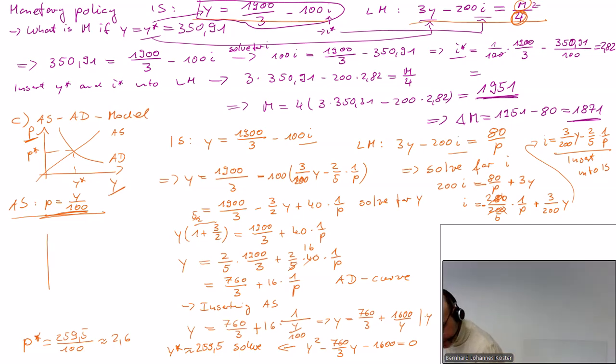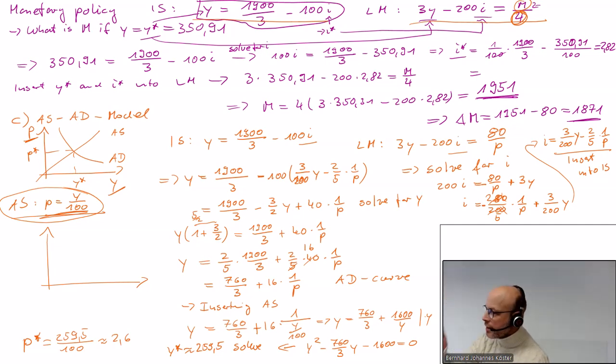So for the IS curve, I have already drawn it here, roughly this is just the linear line starting in the origin.